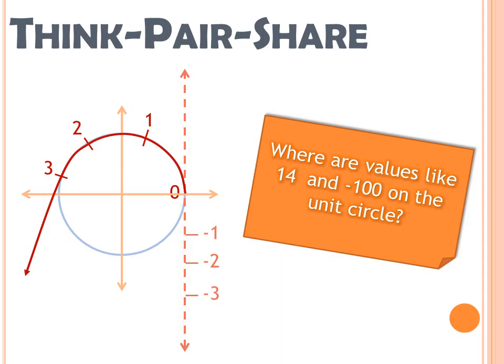Therefore, one full circle is approximately 6.28. To apply the wrapping function, wrap the number line until such time that you arrive at the given real number. Can you do it? Of course you can.